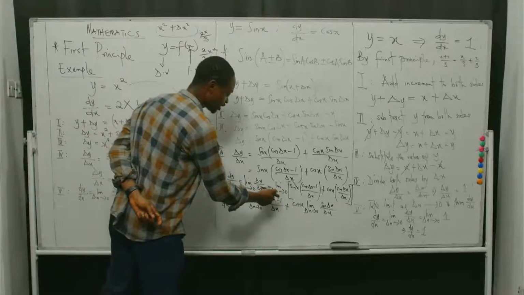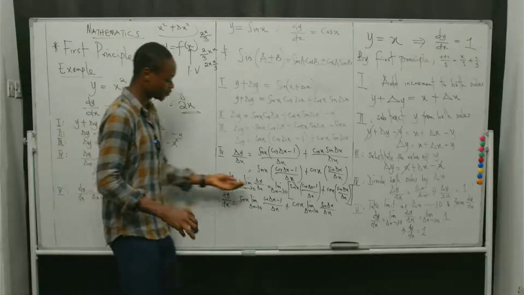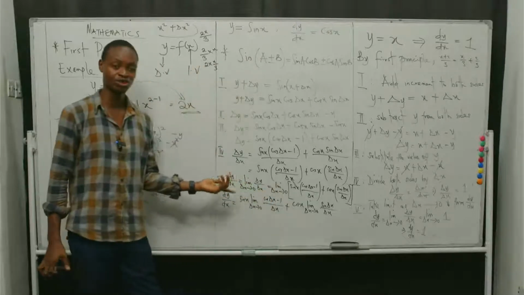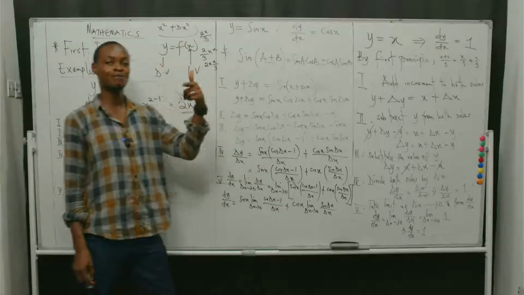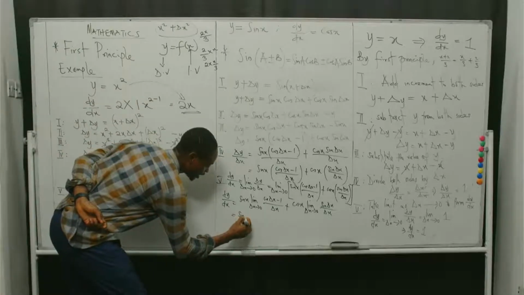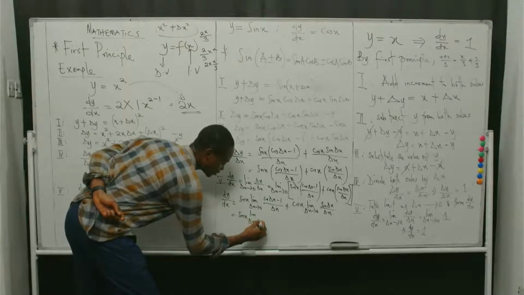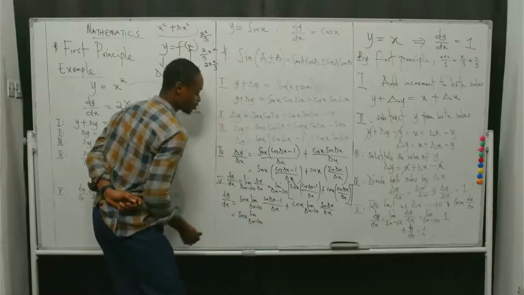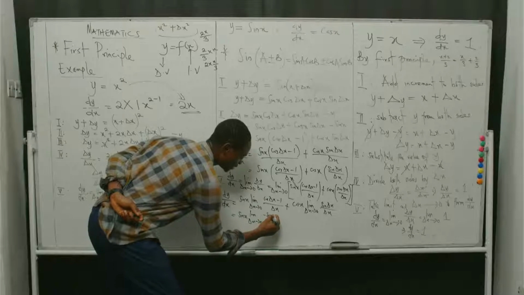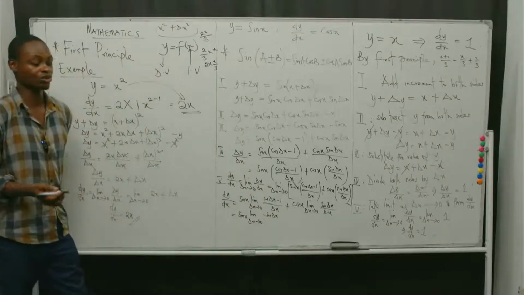So if I differentiate cos delta x, the differential of cos gives you minus sine, right? So that will be sin x, limit as delta x tends to 0. Here you'd have minus sin delta x, then differentiation of 1 is 0, so that goes.